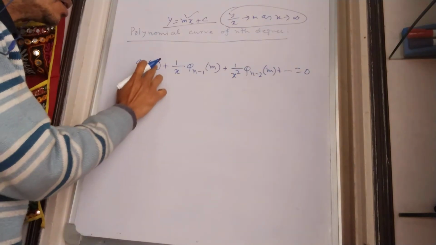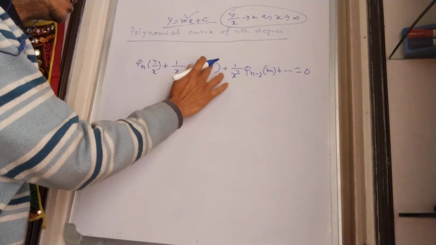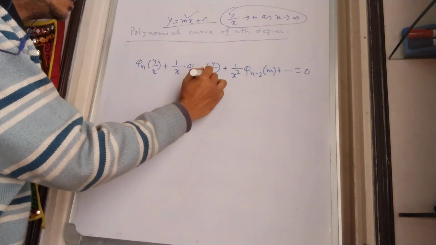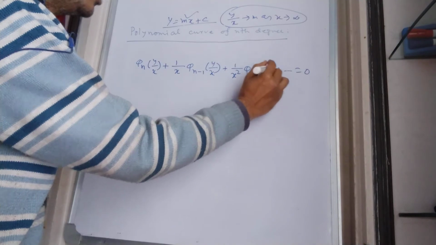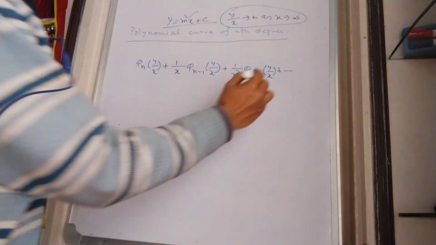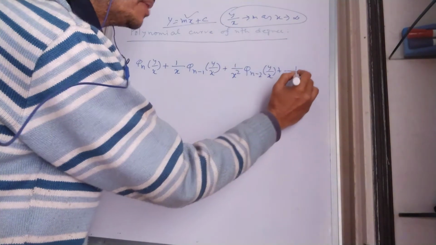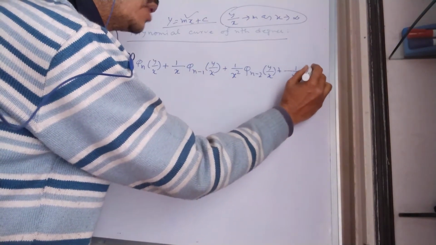And since so, we should write logically phi n y by x, isn't it so? Phi n minus 1 y by x and phi n minus 2 y by x. The last term was the linear term, which is, you may remember, 1 by x to the power n minus 1 phi 1 y by x.